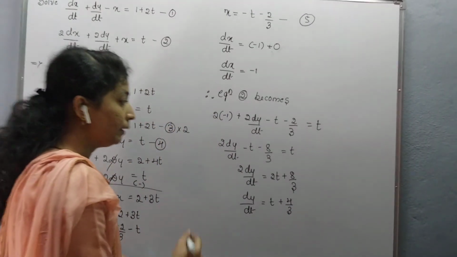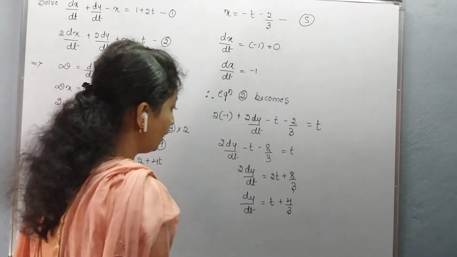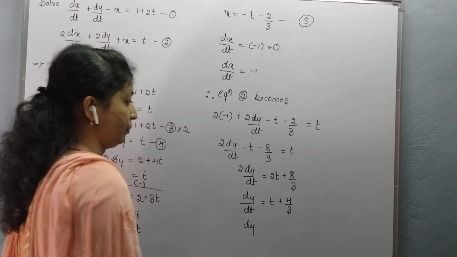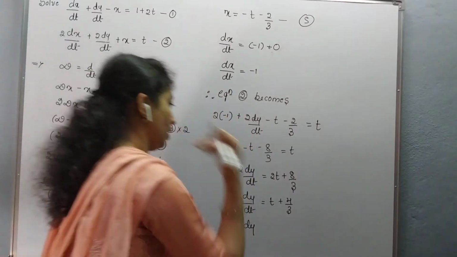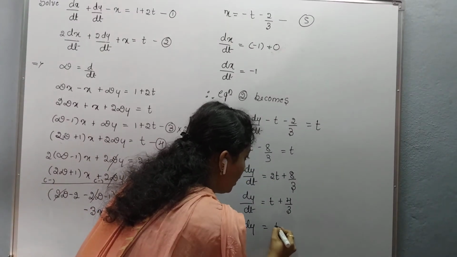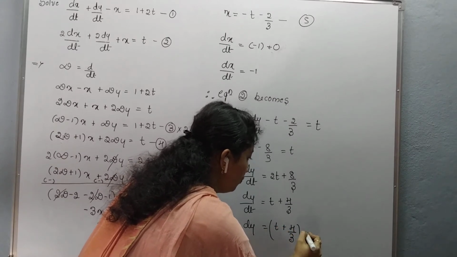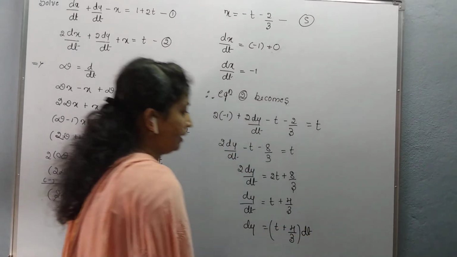Then dy is equal to t plus 4 by 3 into dt.